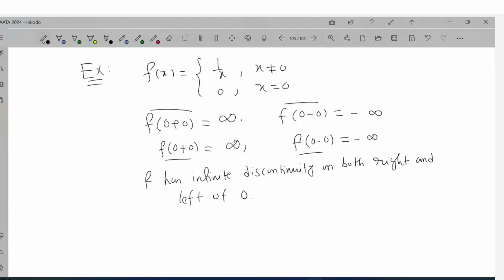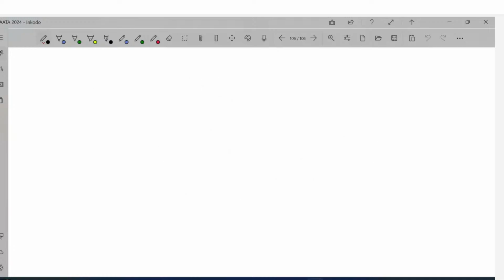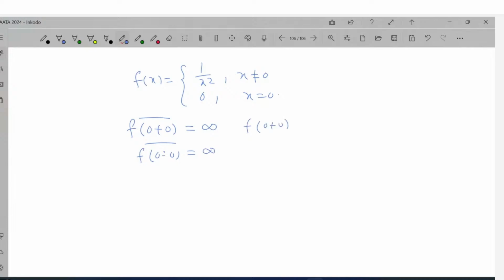Okay, what about 1 by x square? Now we have f(x) equals 1 by x square. Then again it is unbounded, and what will be 0 plus 0, like the mod case, this will be the same. 0 plus 0 will be infinity, 0 minus 0 will be infinity, 0 plus 0 lower will be infinity, and 0, 0 is infinity.